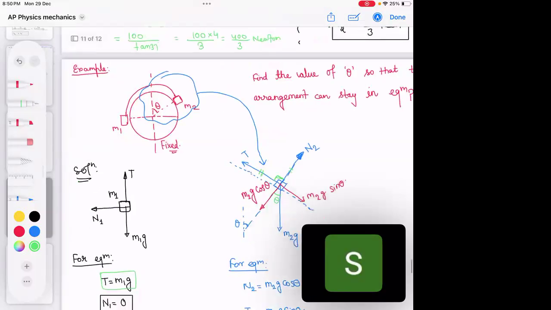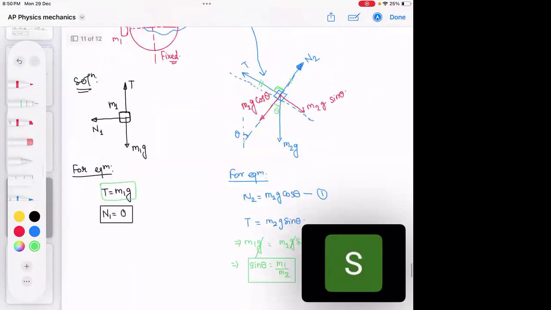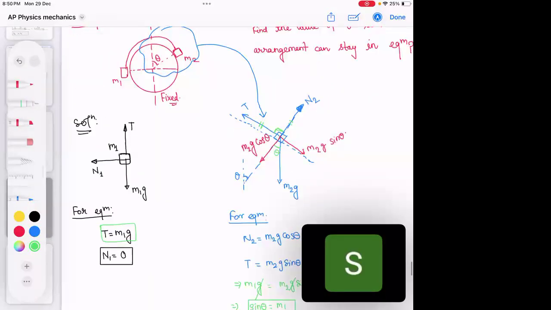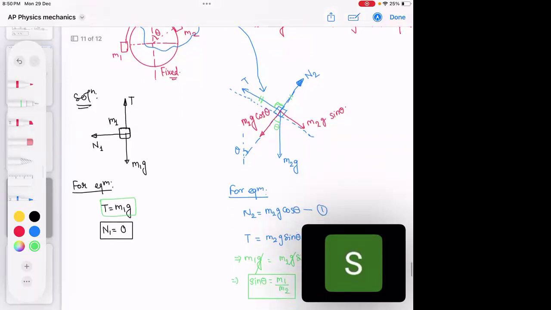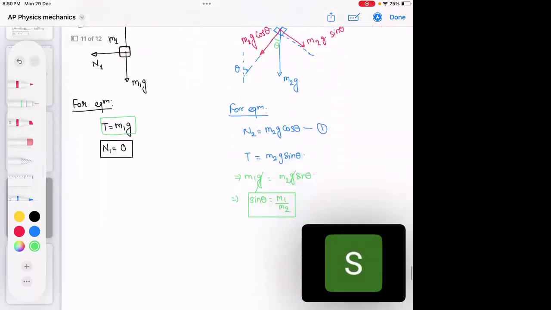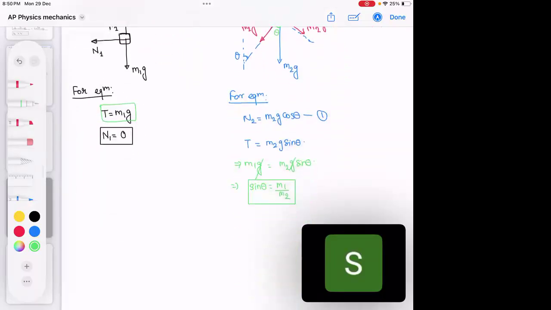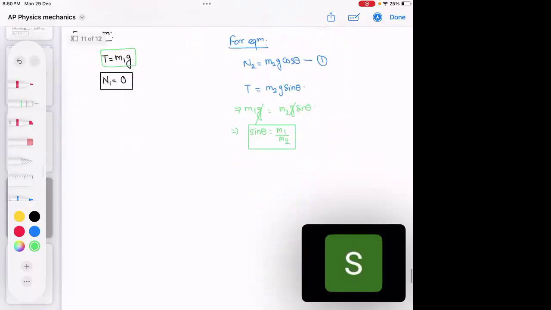If sin theta equal to M1 by M2 is not fulfilled, then they cannot remain in equilibrium. Understood the second question of equilibrium? Clear? Yes, sir.